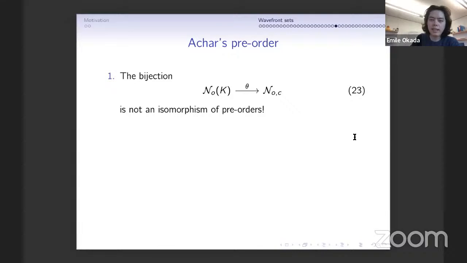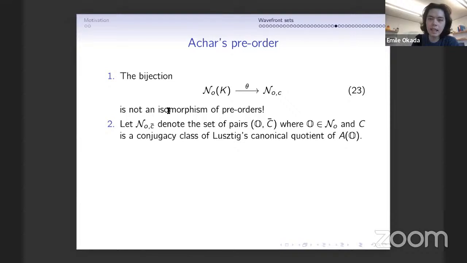And what's quite striking is that this parameterization that I've mentioned is not an isomorphism of pre-orders. Conjecturally, it is a morphism of pre-orders. So conjecturally, if you have an orbit that is less than the other here, then you will have an order less than the other in the sense of Achar. But it cannot possibly be an isomorphism of pre-orders. The reason being, this is a partial order, but the pre-order on this is definitely not a partial order.